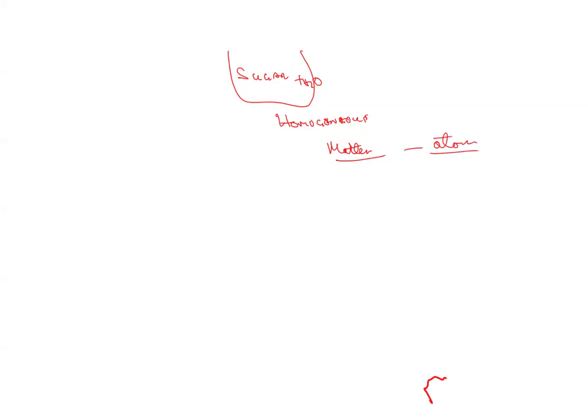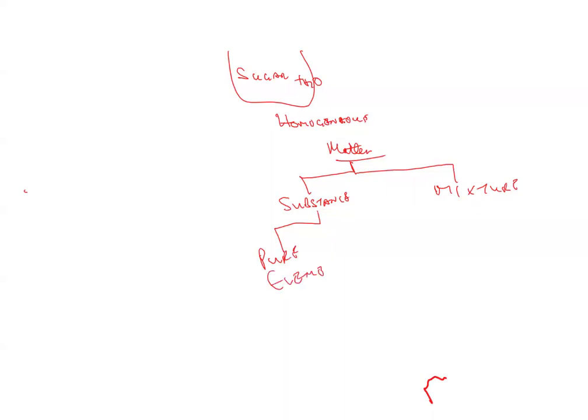So the matter could be divided into substance, and the other one is a mixture. So substance could be a pure element. What it means is it's any element from the periodic table, right? It could be sodium or a metal, something like that. Or it could be a compound.